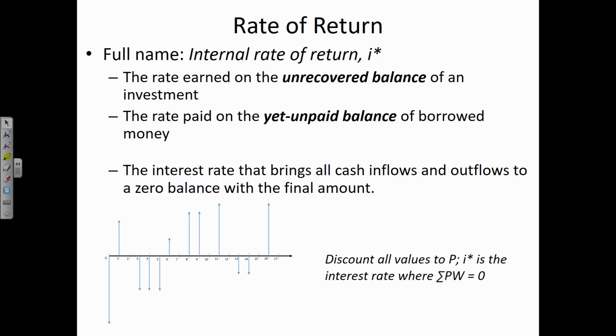So the process is you're given a cash flow diagram like this, and you discount everything that's in the future. You discount it to year 0, and you start off with just some guess interest rate. So you try 1%, and then you see at 0, is it positive or negative? And you keep playing around with your guess of the interest rate until the present worth equals 0. And then that's the interest rate that you call the internal rate of return.